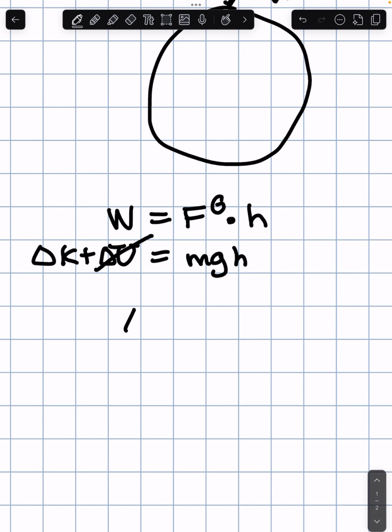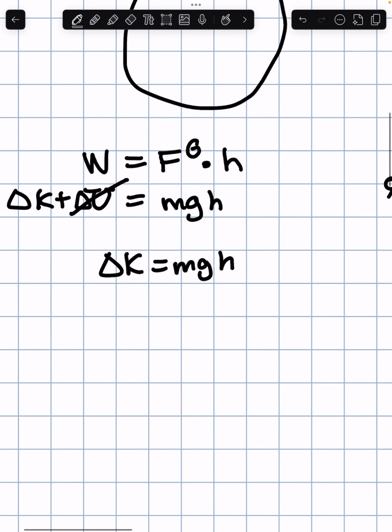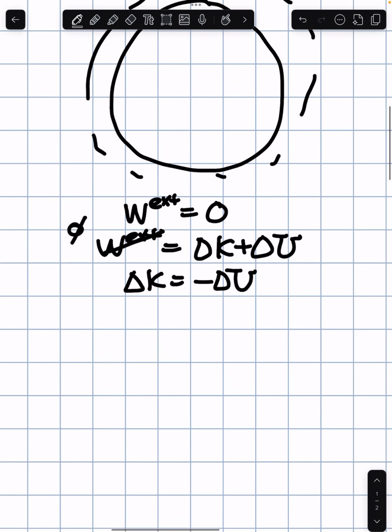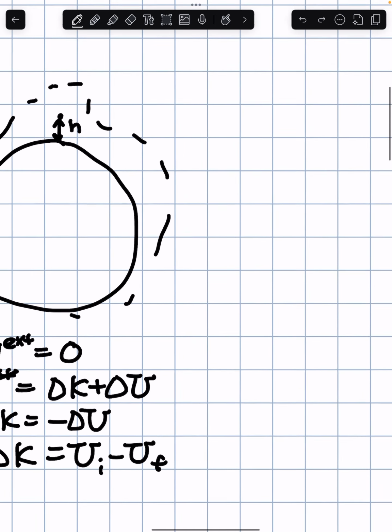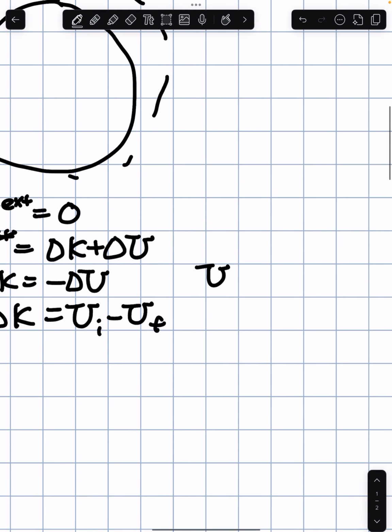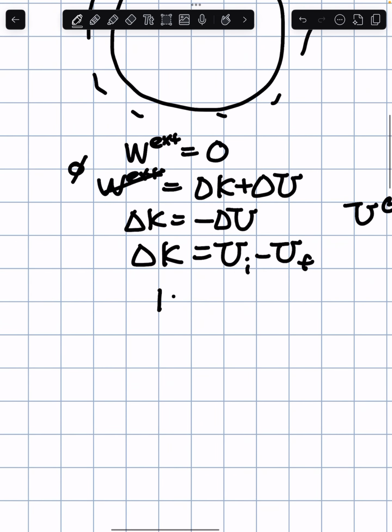And we have that delta k equals mgh, and our kf is mgh because our k initial was 0, because it started at rest. Now here, delta k is going to equal u initial minus u final because of this negative sign in the front. And because u of gravity is given as mgh, we're also going to find that kf equals mgh.